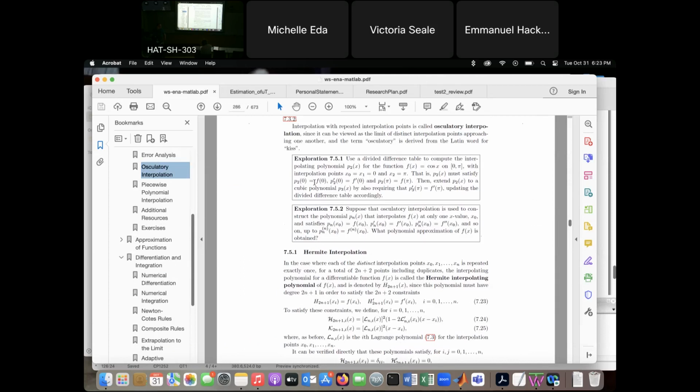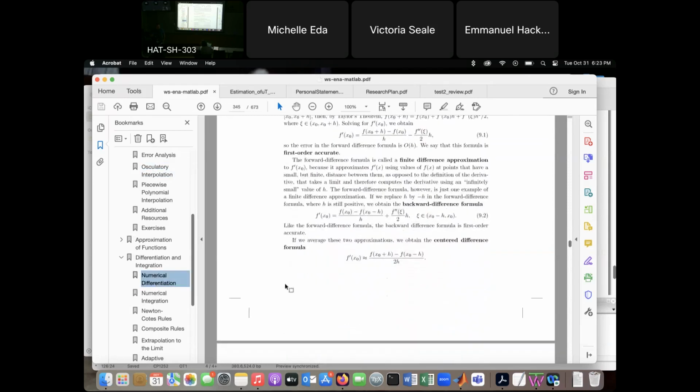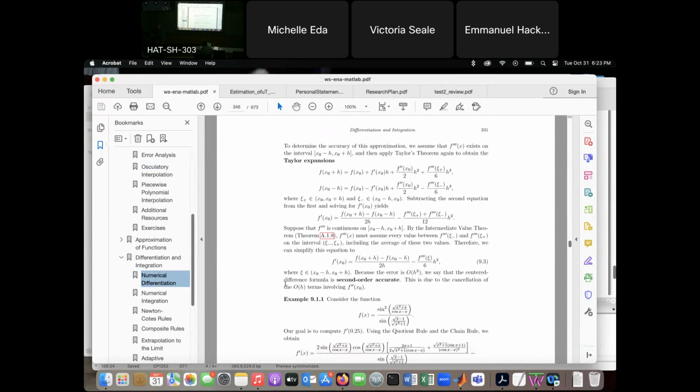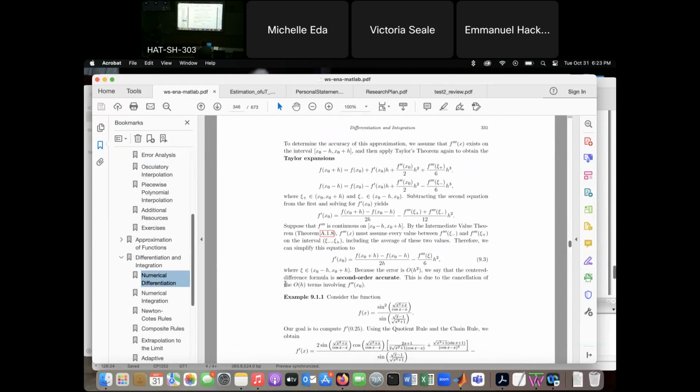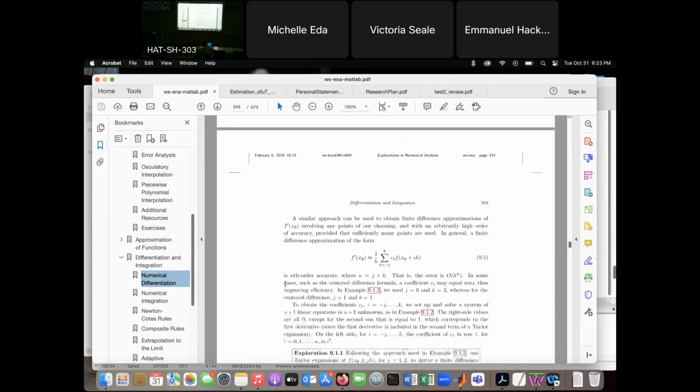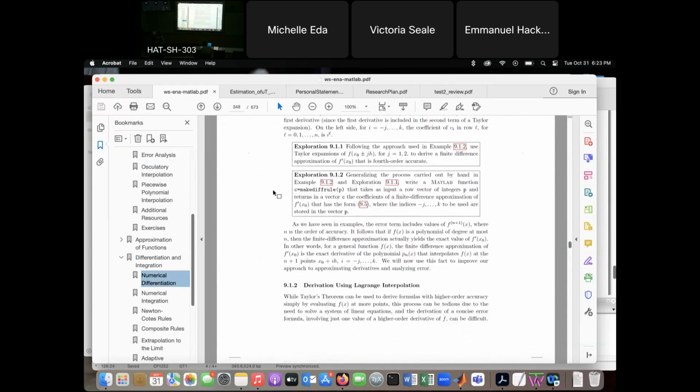Which one would also go? List. 9.1, 2, 4, 6. Okay, wait, so 9.1, but the explorations are 2, 4, 5, 6? Okay. Let's see. Well, yeah, number 2 is certainly a MATLAB problem. Writing a MATLAB function.